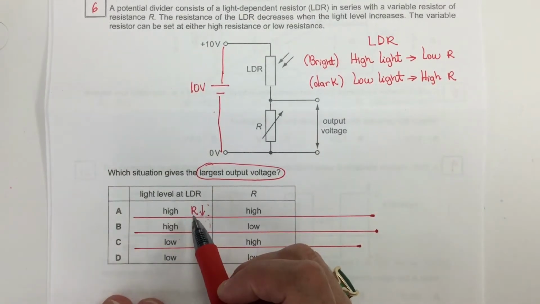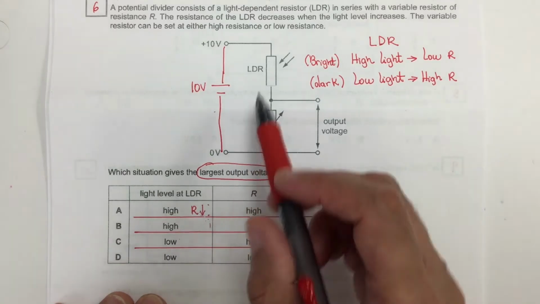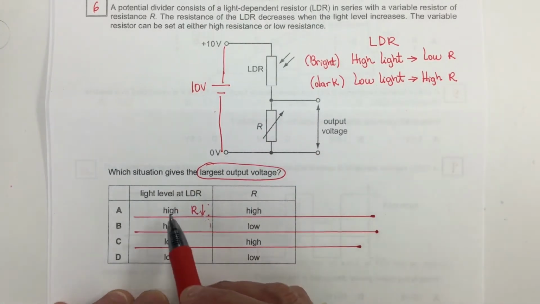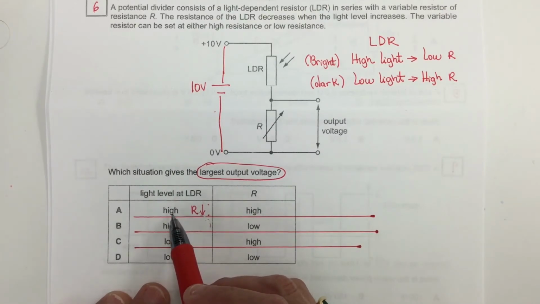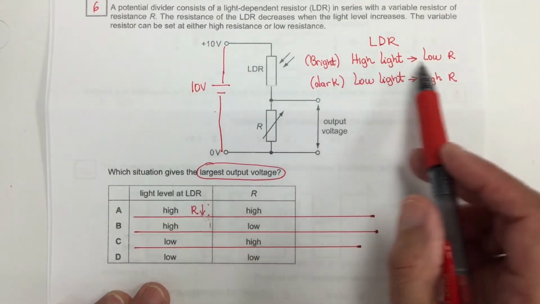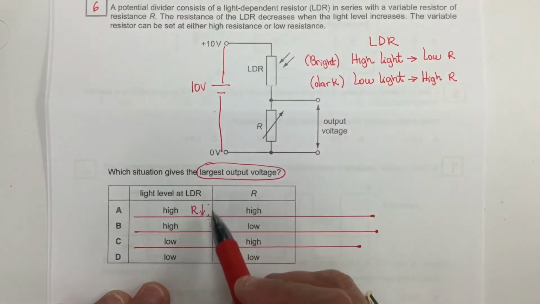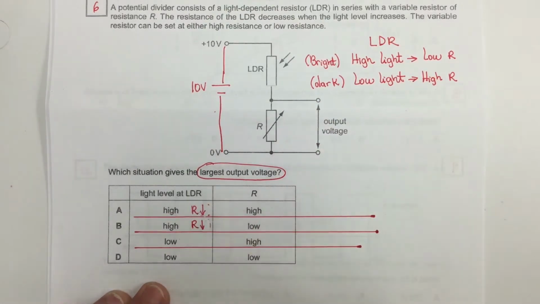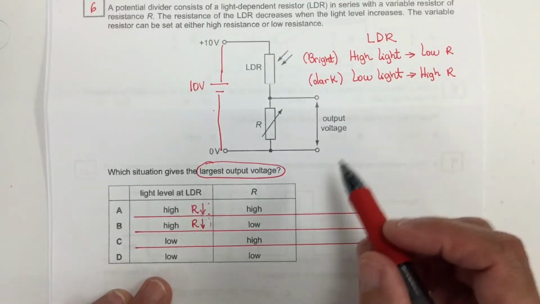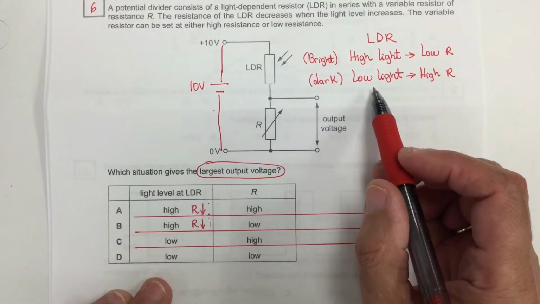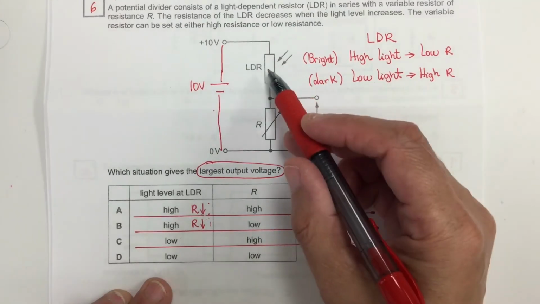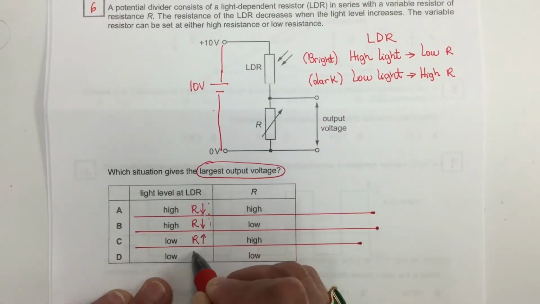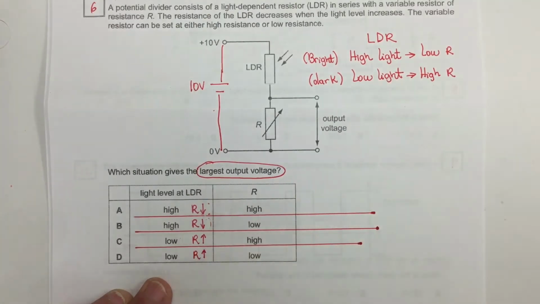Let's take a look at the resistance of an LDR with the amount of light. If the amount of light is high, the resistance is low. When the amount of light is low, the resistance of the LDR is high.